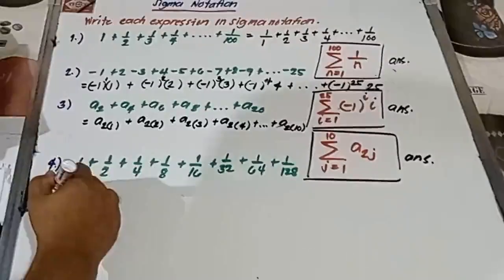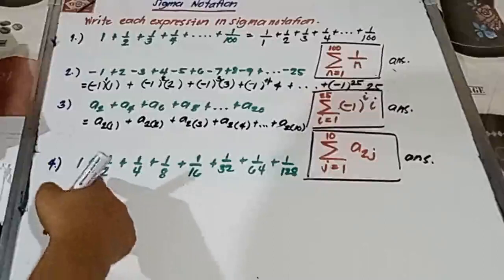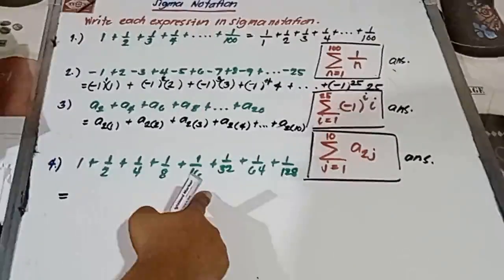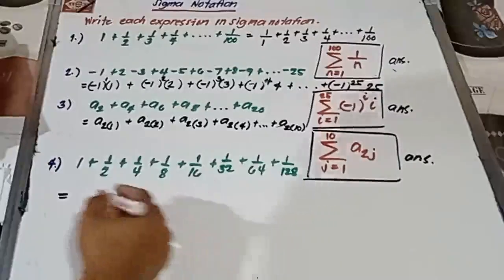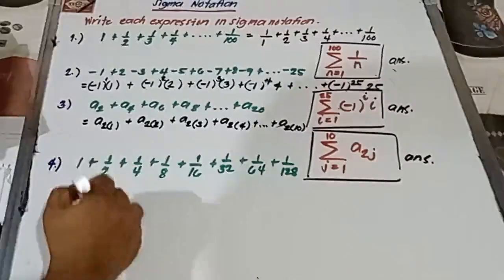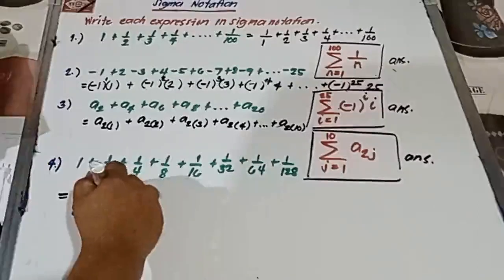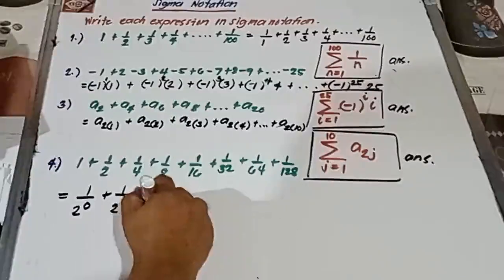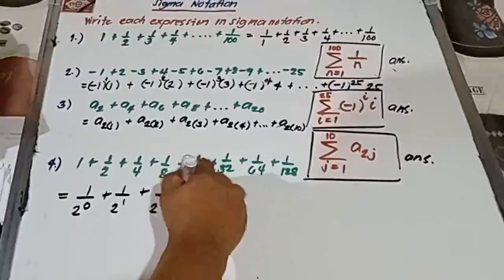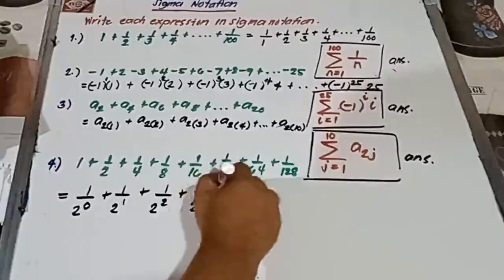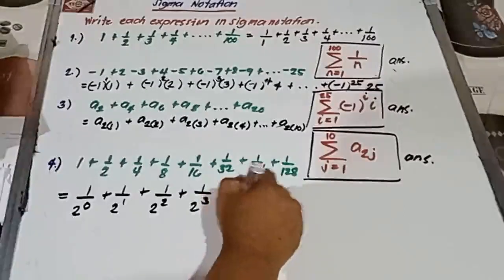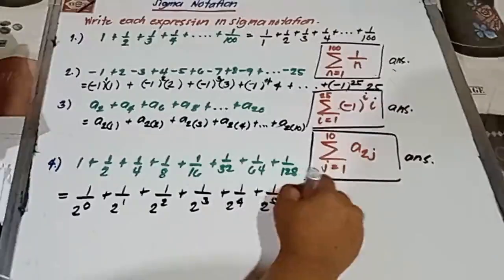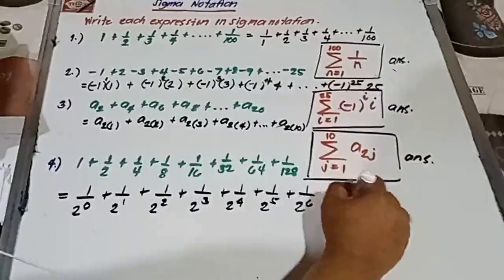So, 1 can be written in terms of 2, okay? Kasi all of these are multiples of 2, okay? So we have 1 over 2 to the 0 plus 1 over 2 to the 1 plus 1 over 2 to the second power, 1 over 2 cubed, 1 over 2 to the fourth plus 1 over 2 to the fifth, 1 over 2 to the 6 plus 1 over 2 to the 7.